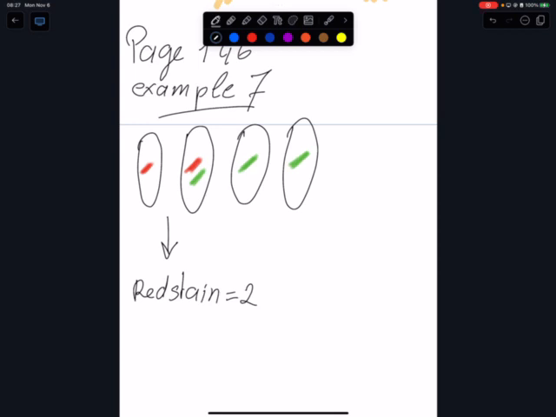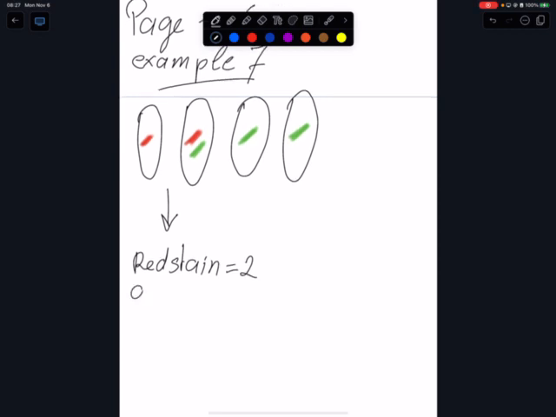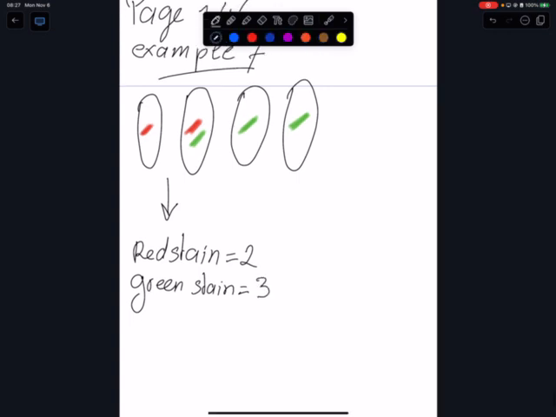Afterwards, I say, bring the shoes with green stains. You bring 3 to the front. In this particular scenario, we have 4 because I've given it to you.